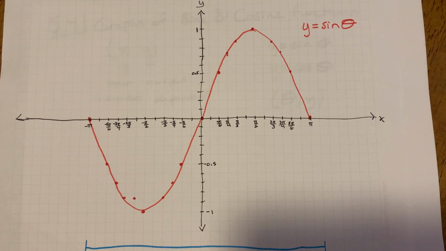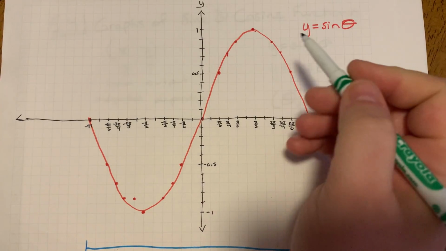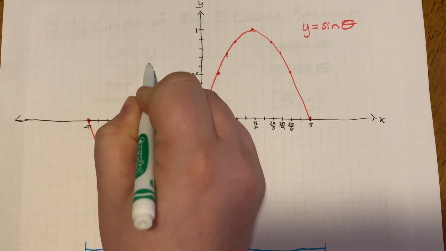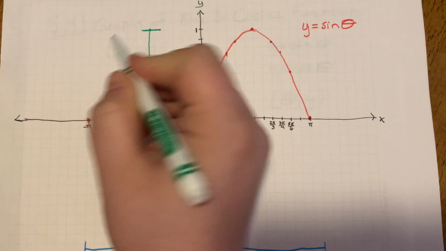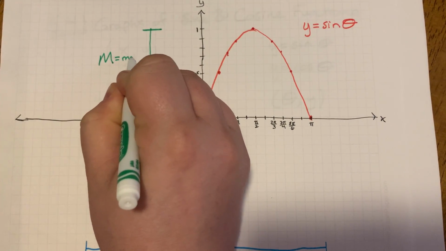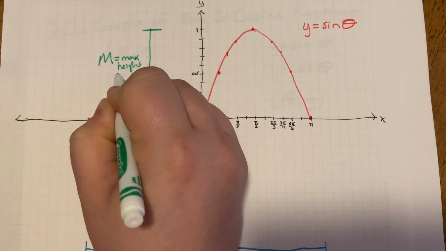We also talk about the maximum height of our graph. So this is M, the capital M, max height, or value.